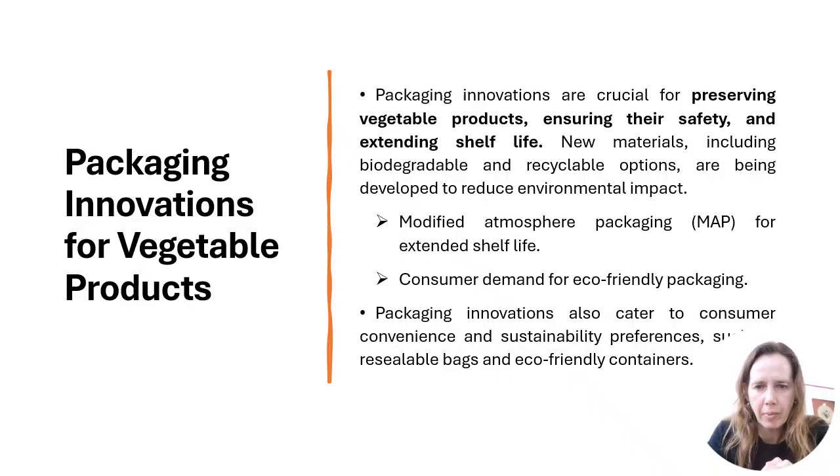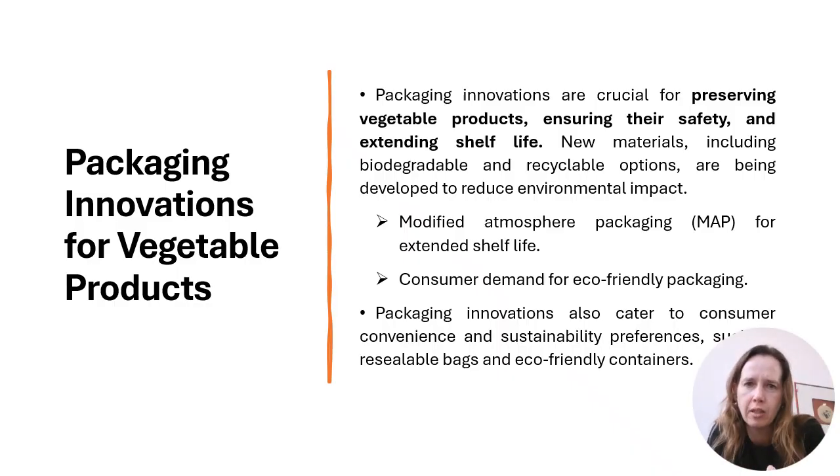Moving to another topic related to vegetables, the packaging that is used for vegetable products. I mentioned plastics, vacuum packaging, but we have some innovations that are being applied or researched for vegetable conservation. The main goal is to target the preservation of the vegetable products, mainly the raw ones, to ensure safety and to always be extending shelf life.